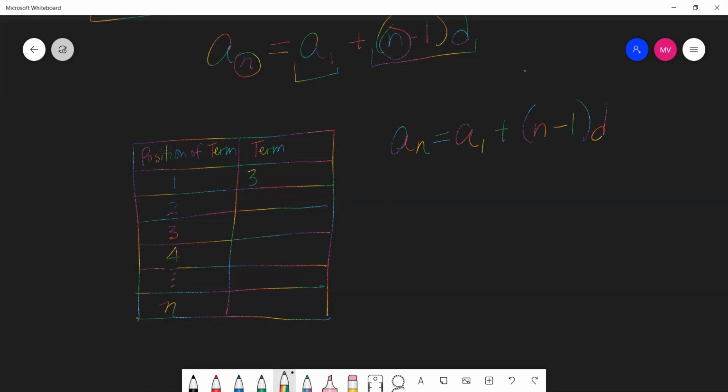So if position 1 has a term value of 3, I'm going to put it over here: A1 equals 3. D equals 6.